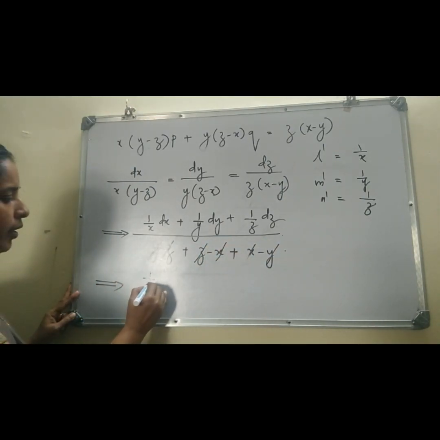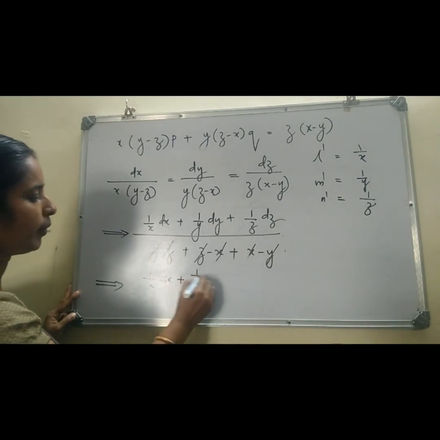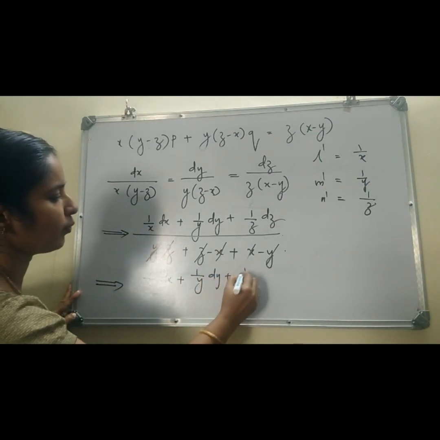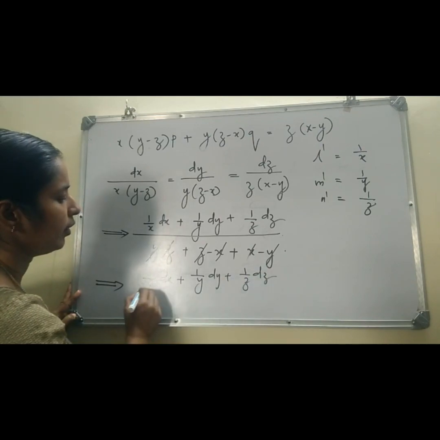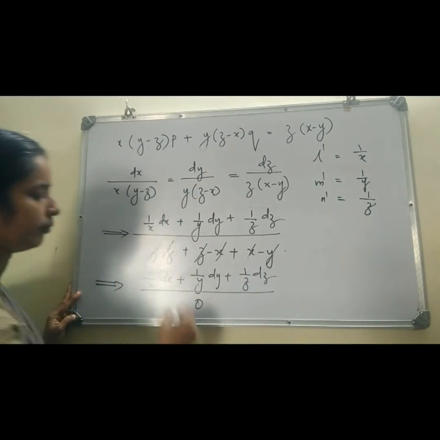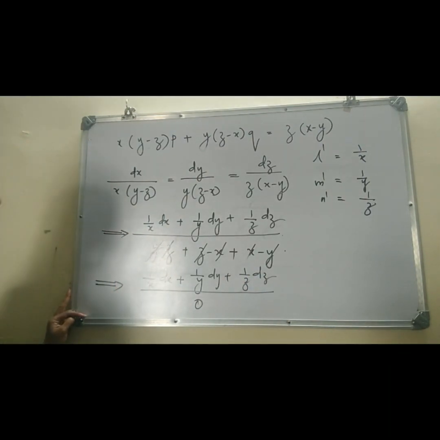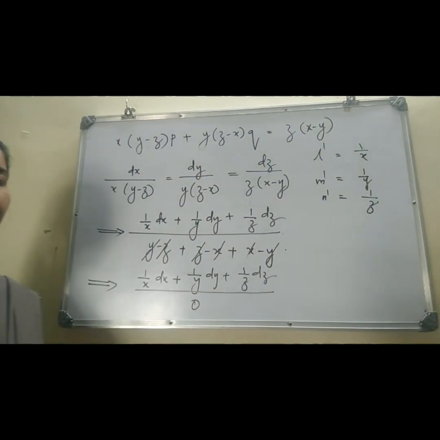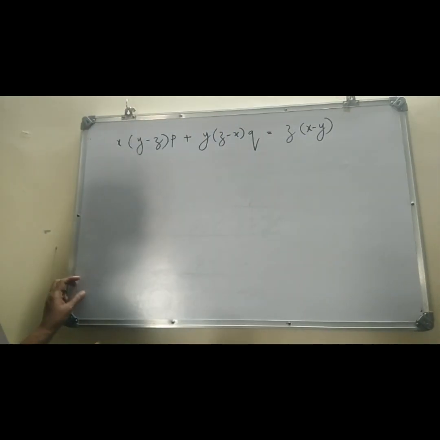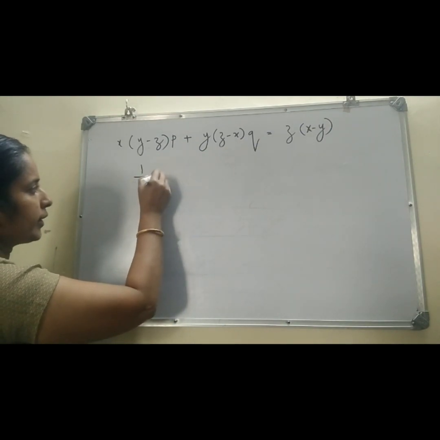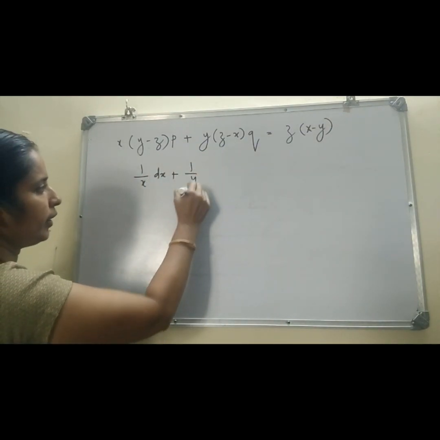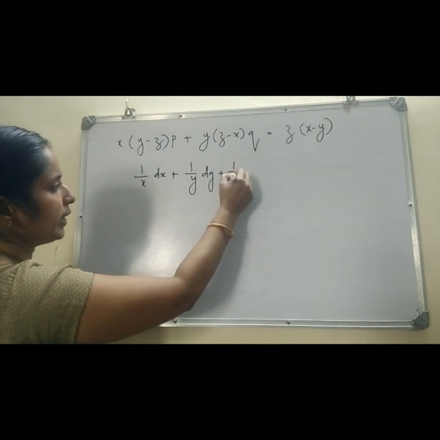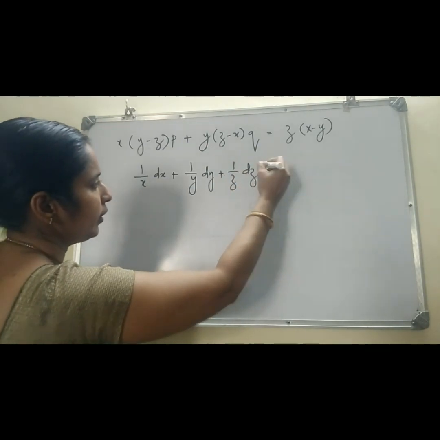So this implies 1 by x dx plus 1 by y dy plus 1 by z dz divided by 0. So you can consider its numerator as 0. That is 1 by x dx plus 1 by y dy plus 1 by z dz equal to 0.